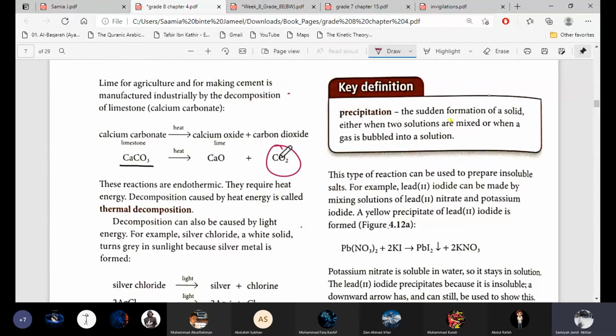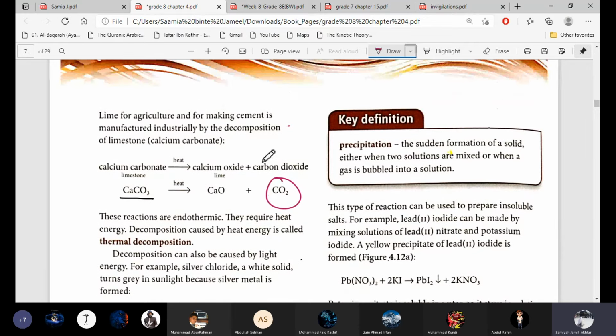Whenever there is carbonate on the reactant side, one product is always carbon dioxide. Here, the common name of calcium carbonate is written as limestone, and the common name of calcium oxide is lime.